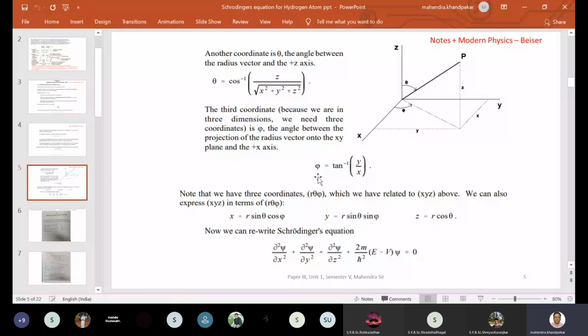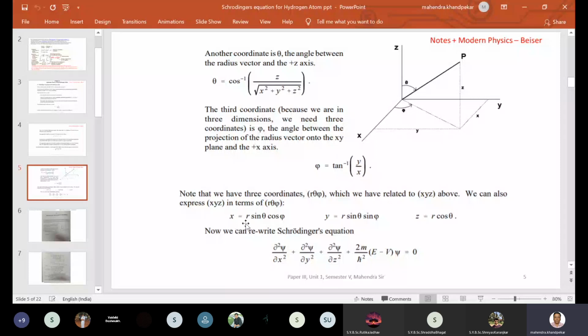Now, if you want to write phi, it is always in terms of tan. So if you say tan phi, that will be opposite side upon hypotenuse. So if you take that way, then it can be written as phi is equal to tan inverse of y by x.